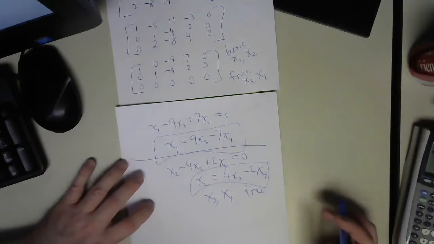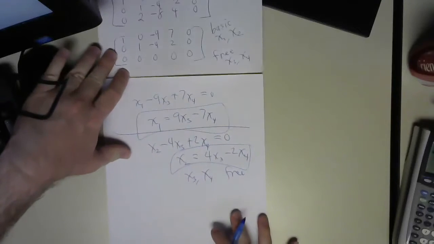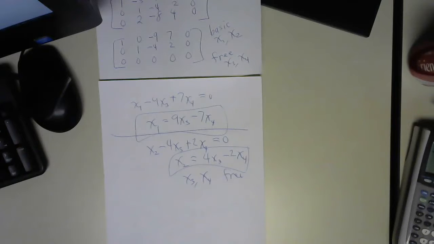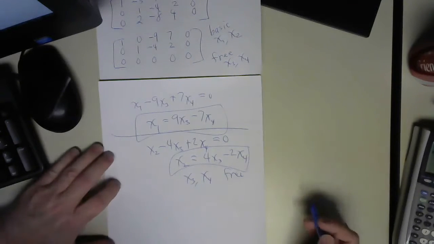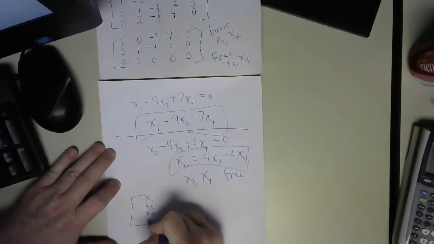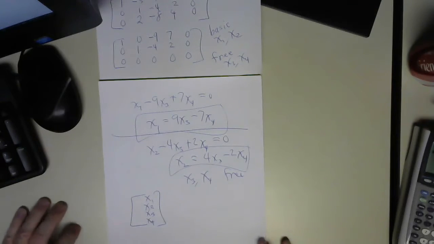So how should we write the solution set? It looks like the computer wants us to enter it a certain way. It looks like they want us to enter it in parametric form. Just remember that any solution of this system is going to be a 4x1 vector that looks like x1, x2, x3, x4.